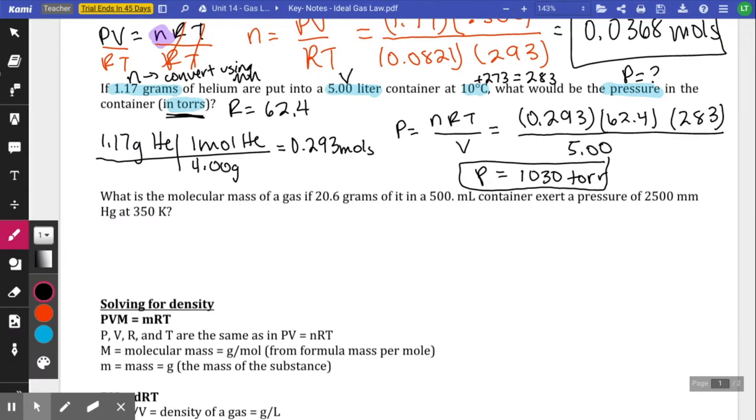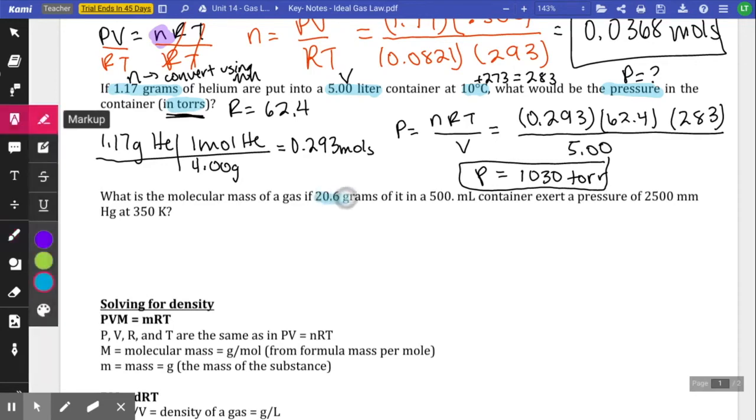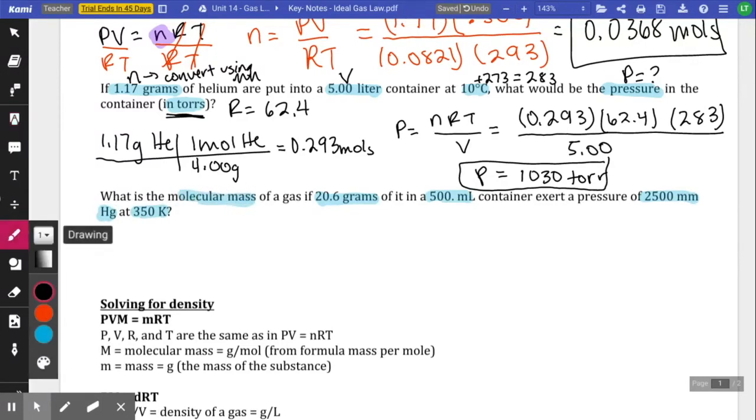All right. So it says, what is the molecular mass of a gas if 20.6 grams of it in a 500 milliliter container exert a pressure of 2,500 millimeters of mercury at 350 Kelvin. Okay, so first off, our problem is asking for molecular mass.